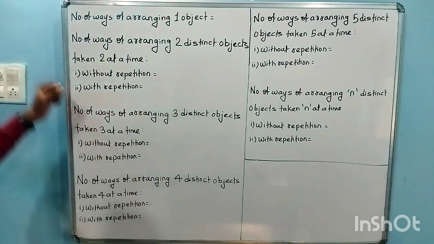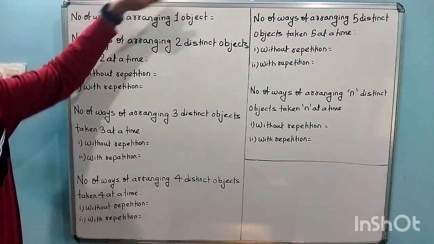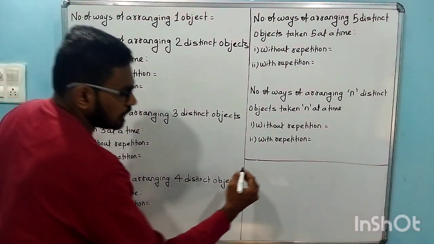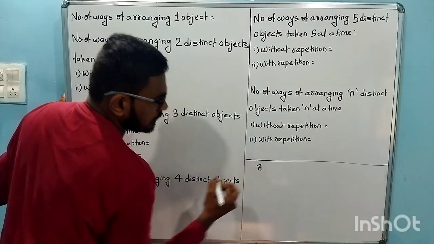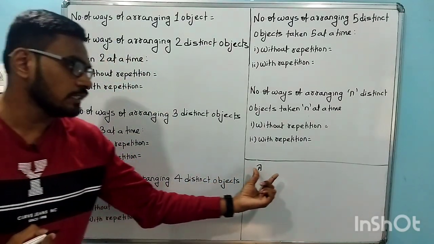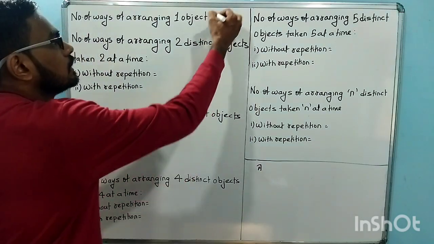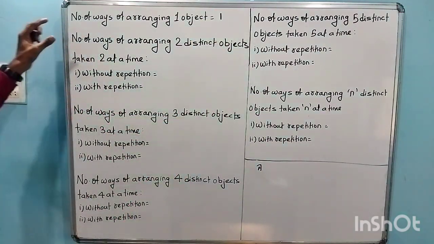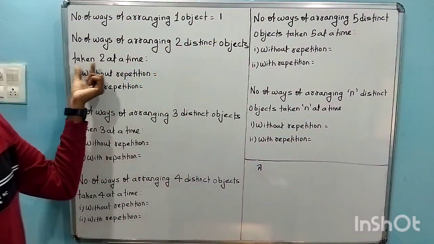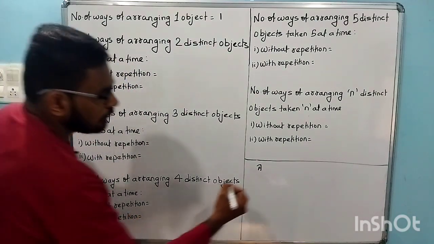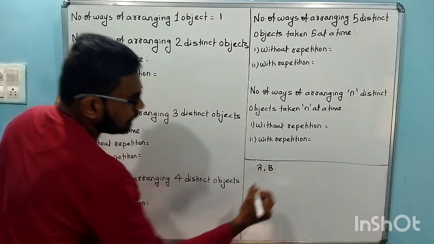Now, the number of ways of arranging one object. For example, letter A is there. What are the different ways of arranging this? Obviously 1. Next, the number of ways of arranging 2 distinct objects taken 2 at a time. For example, we have letters A and B here.